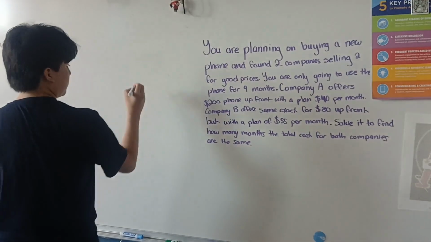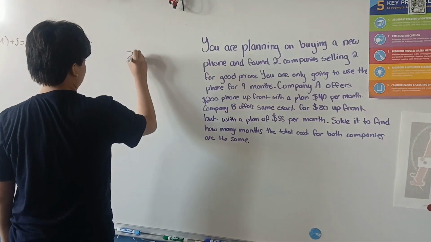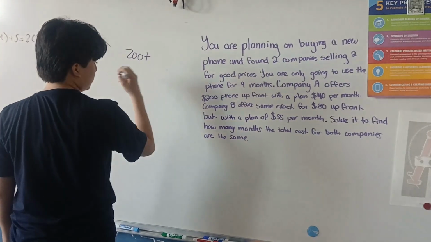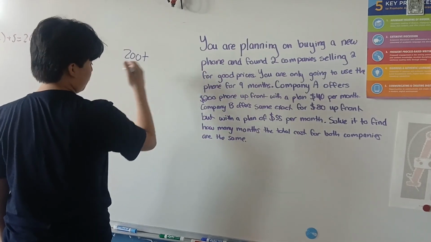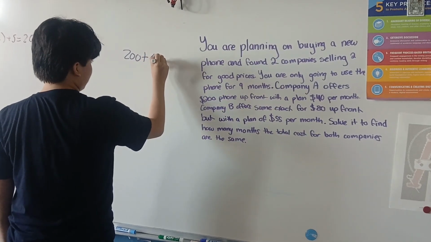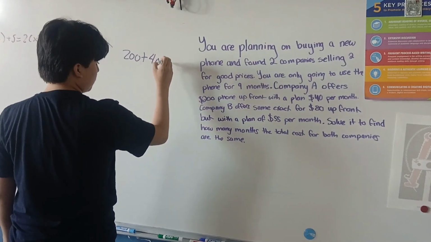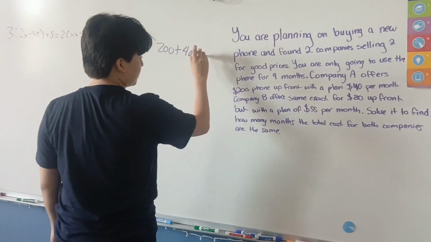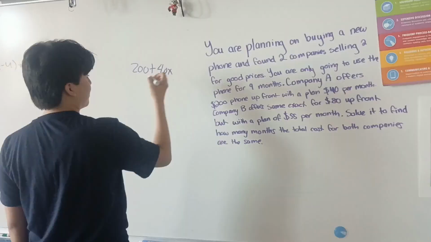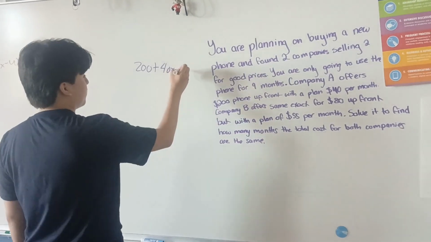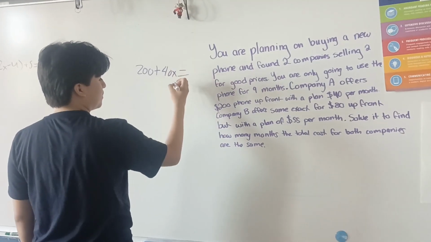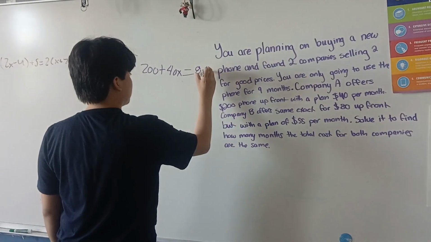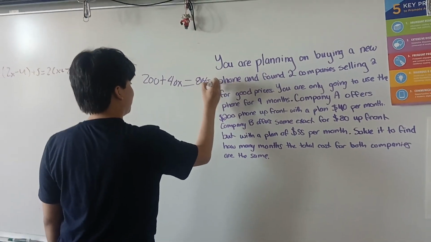So it's 200 plus 40x equals 80 plus 55x.